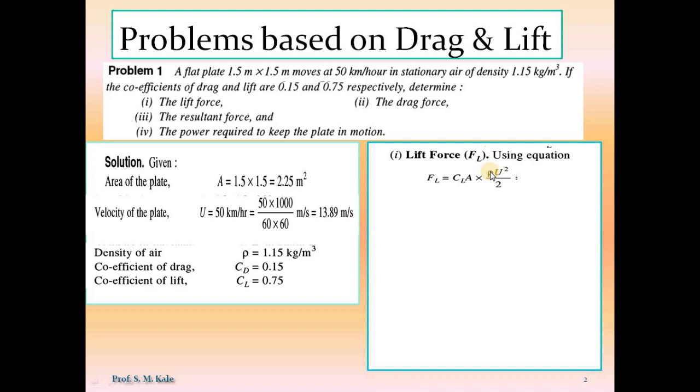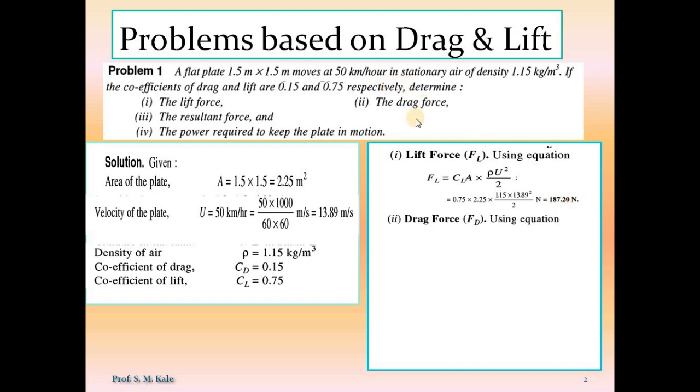Rho, that is nothing but density of the air, that is also given, so 1.15 kg per meter cube. Velocity of the air they have mentioned, that is nothing but 13.89 meter per second, and 2 is a constant. So put all those values in this equation, so we will automatically get the value of FL, that is nothing but lift force. That value of lift force will be equal to 187.20 Newton.